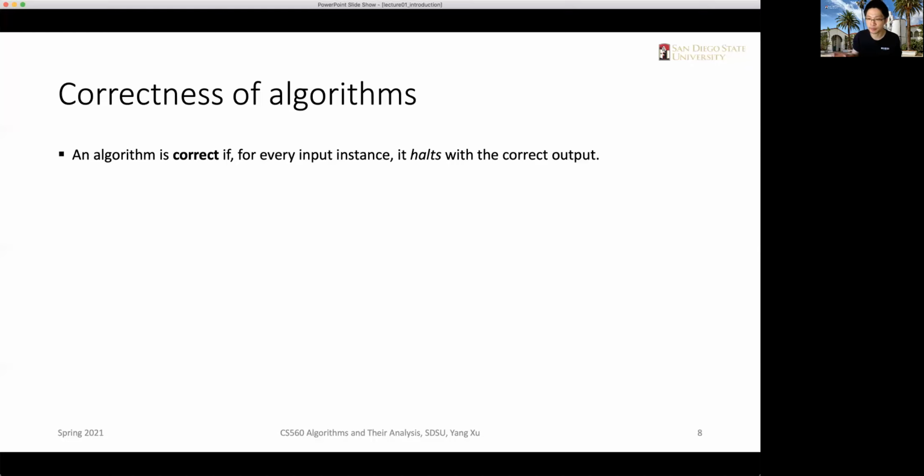In order to formally prove that this loop is correct, we need to use a technique called loop invariant to prove the correctness. But as I said, this is not the core of analysis for this course.